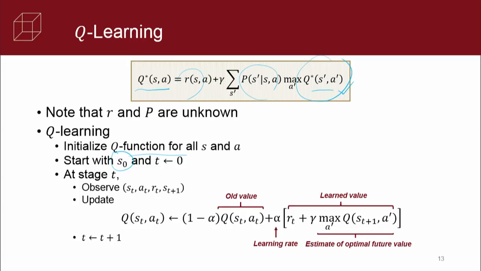Then for each stage t, after an action a_t for the given state s_t is selected according to a certain rule or policy, the decision maker or agent decides, you receive a certain reward from the environment, and the chosen action leads to the next state.